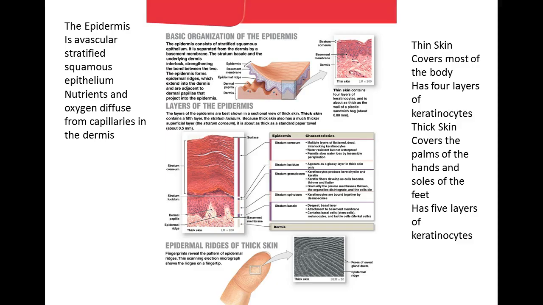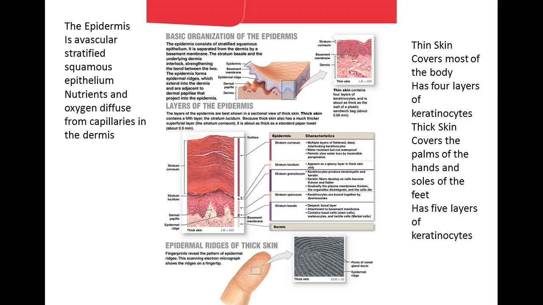As I said, the outer layer is avascular. It's made of stratified squamous epithelium. Only the stratum basale needs nutrients. So only the layer that's sitting atop the basement membrane, that makes a bond or a connection with the dermis, is the only layer that is alive.